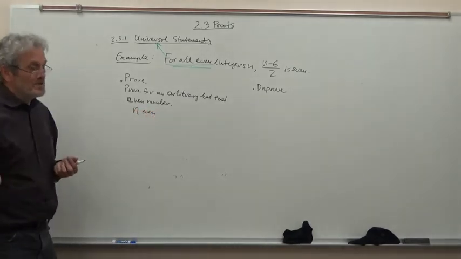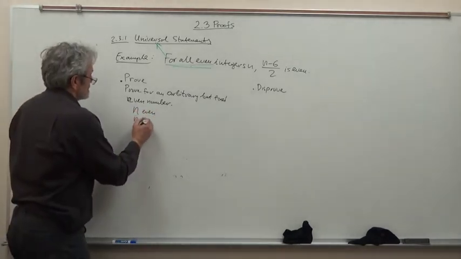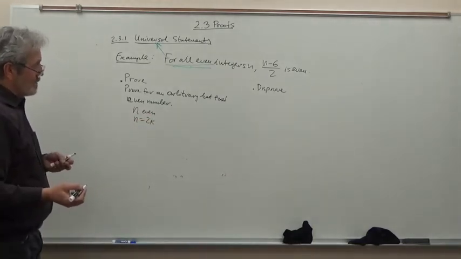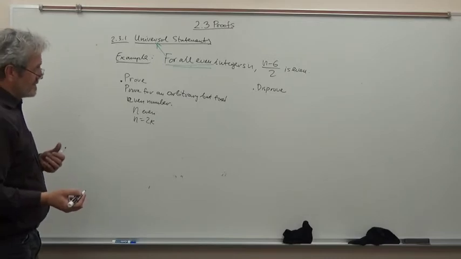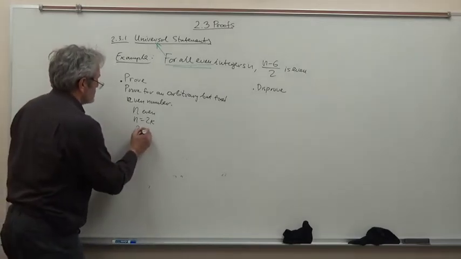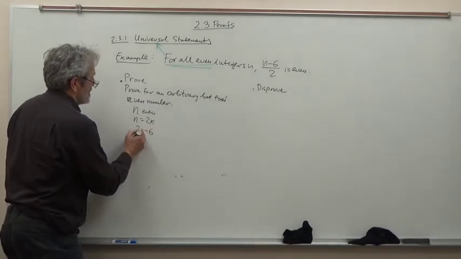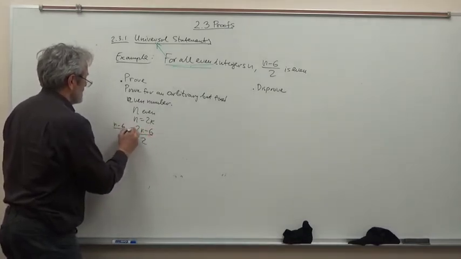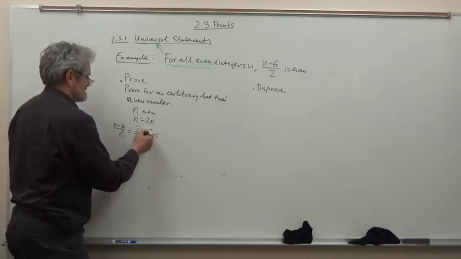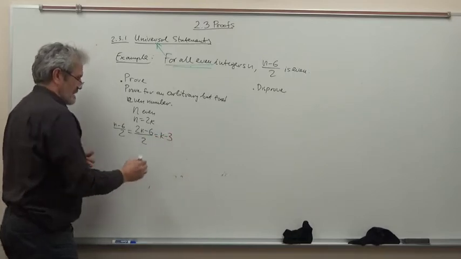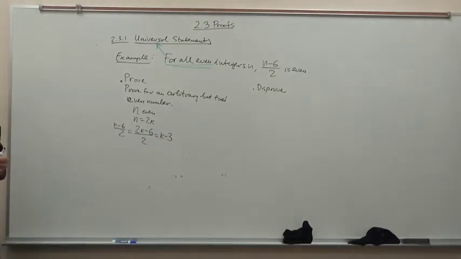And then what does that mean? That n equals 2k. And from there, I want to show that the number n minus 6 over 2 is even. Let me try it. I go 2k minus 6 over 2, because that's n minus 6 over 2. And that is, with a little algebra, factor out 2 and cancel, you get k minus 3.